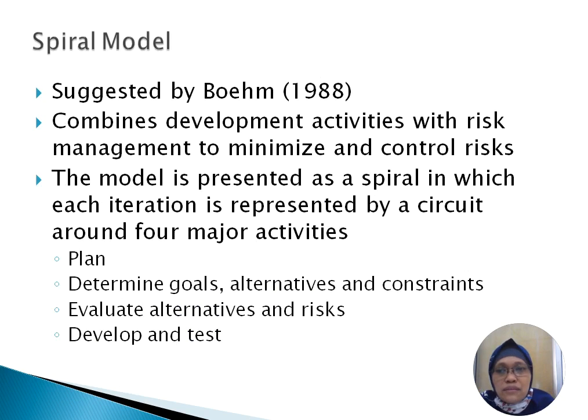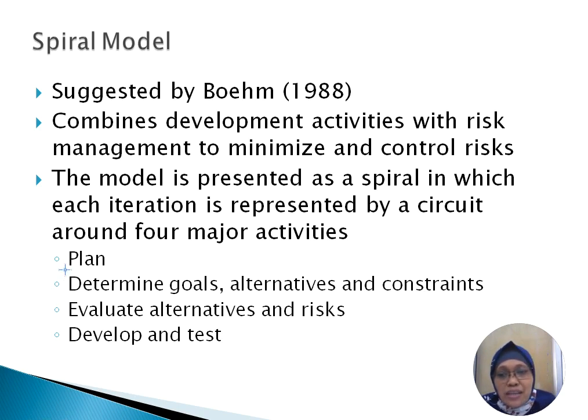Yeah, that is it. The next is the spiral model. What is a spiral model? It was proposed by Boehm and combines development activity with risk management to minimize and control risk. Actually, the major activities here are almost the main steps of the software life cycle.